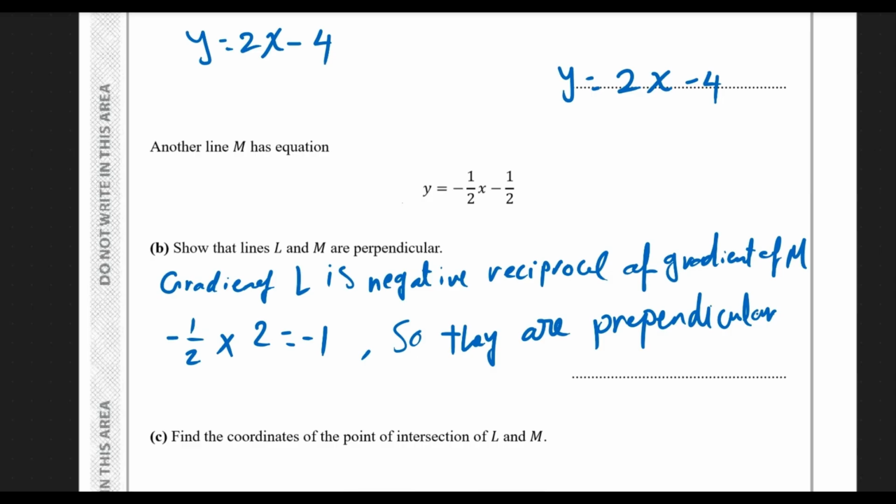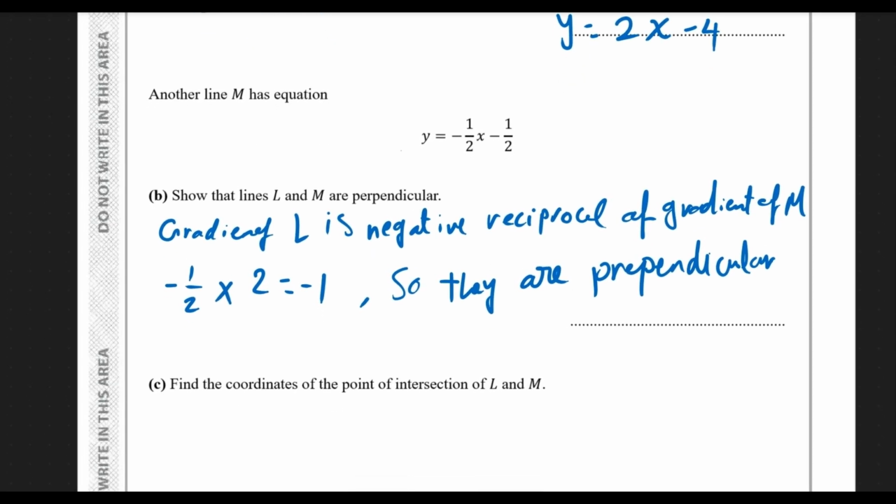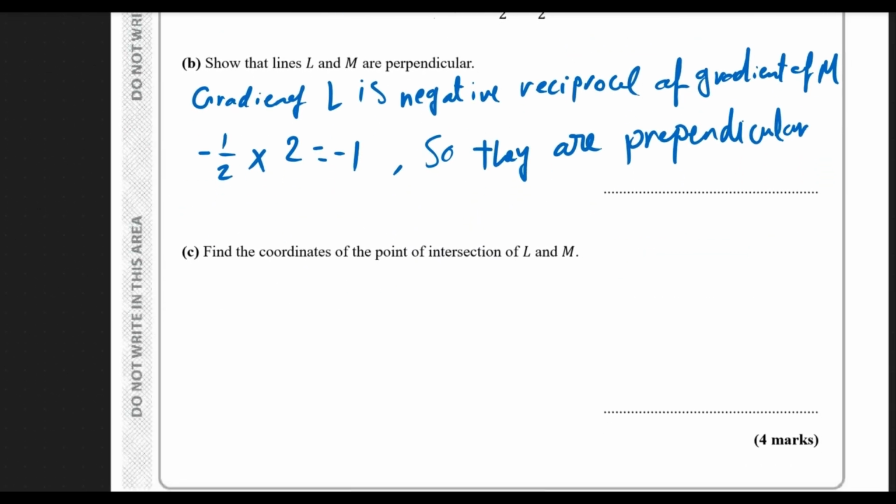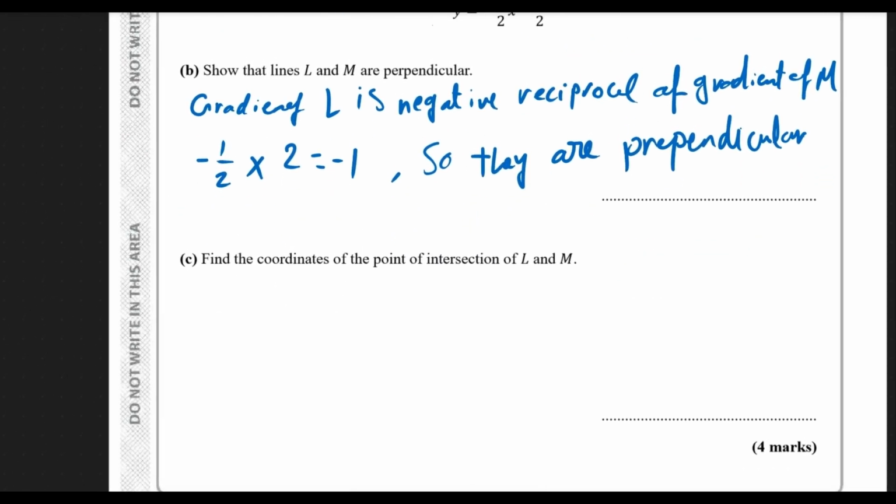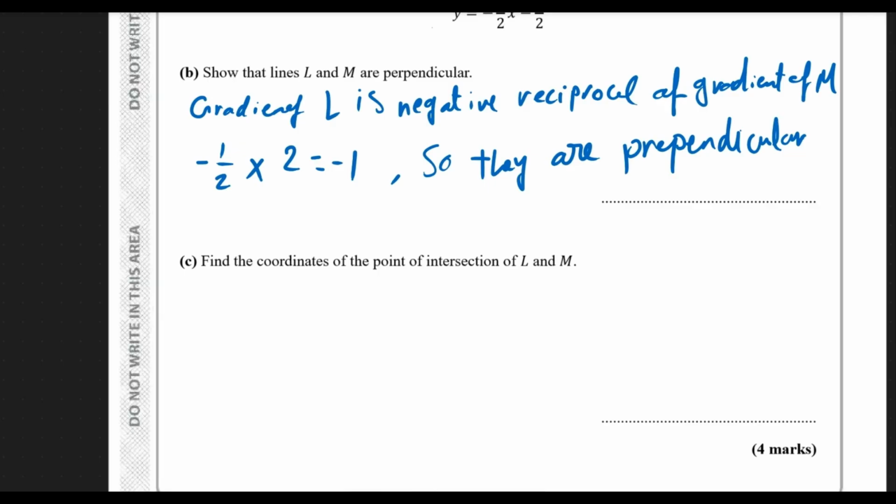Now move to the last part here. Find the coordinates of the point of intersection of L and M. If two lines meet at a point, at this point the two equations of the two lines are equal to each other.